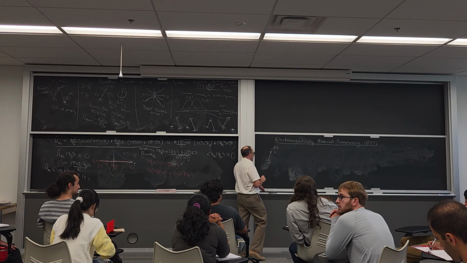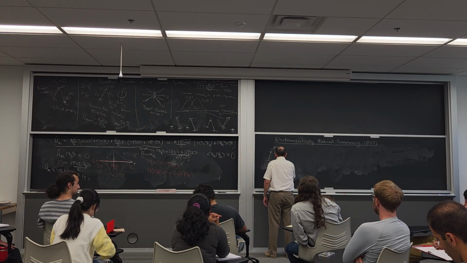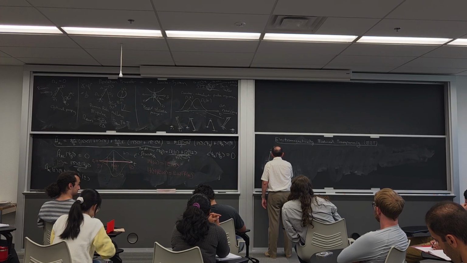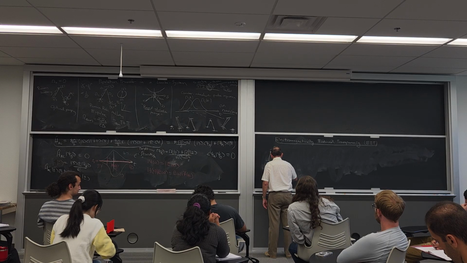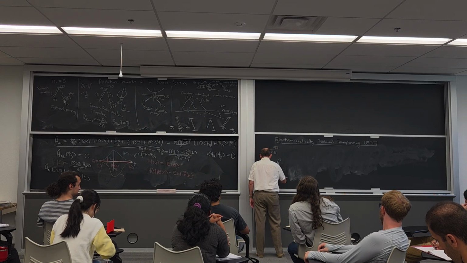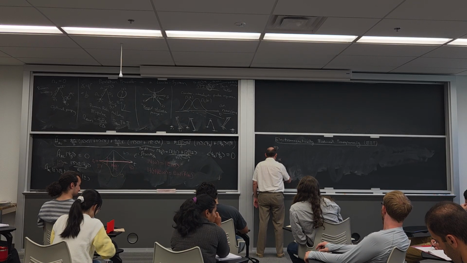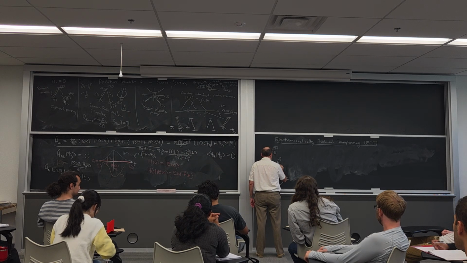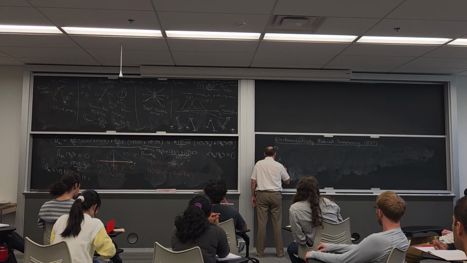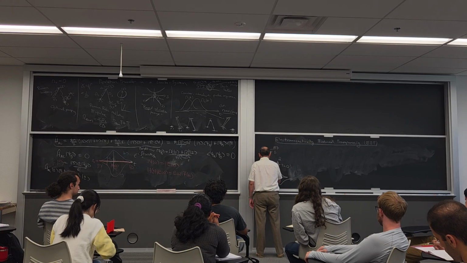Then we know in this situation, if I looked at the polarizability, the imaginary part is a Lorentzian, and the real part is this dispersive line shape. This is the imaginary part. This is the real part.